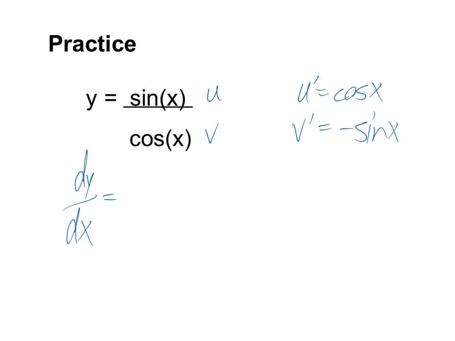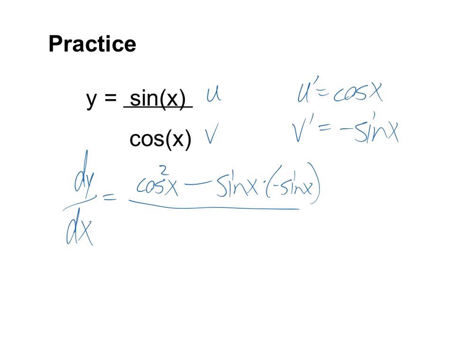Alright, so the next step. Quotient rule. Now it's cosine x times cosine x, put those in parentheses together, square them, minus sine x times negative sine x, all over cosine squared x. Great.